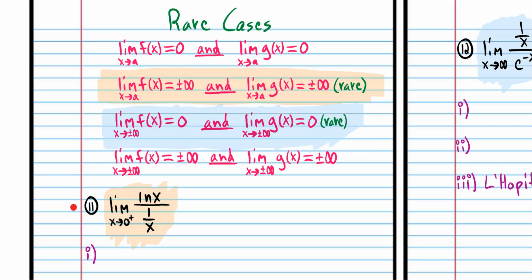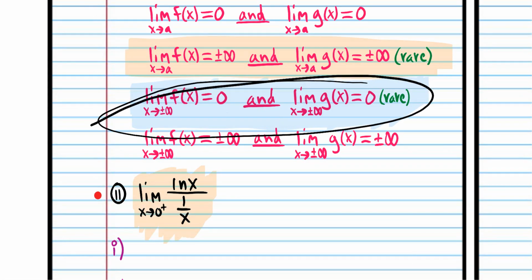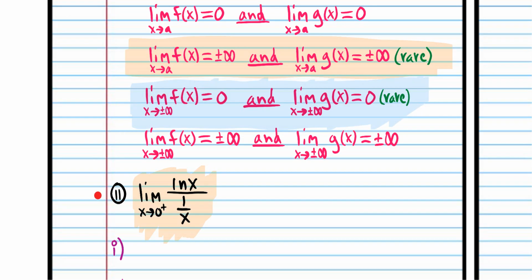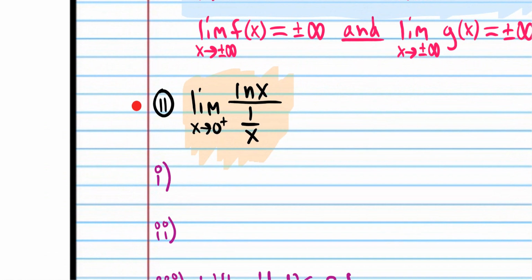So let's deal with the first situation. We're just going to do one problem to show you what these look like. So x is going to approach a finite number, but the expression is going to approach positive or negative infinity. We'll analyze that situation, and then we'll deal with the other situation in the next problem. I just want you to see what this looks like.